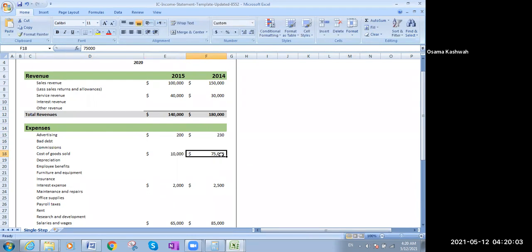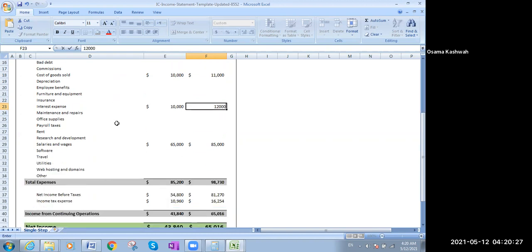And here the cost of goods sold was 11,000. Then the interest expenses, maintenance, repairs and whatever. Now, I will say this is 10,000. Of course, I'm trying to simplify the numbers as much as I can, 12,000. So the idea is how to do it.